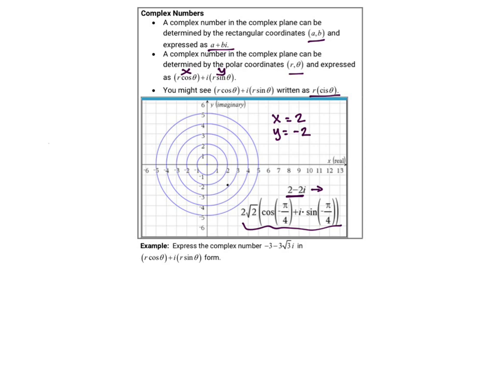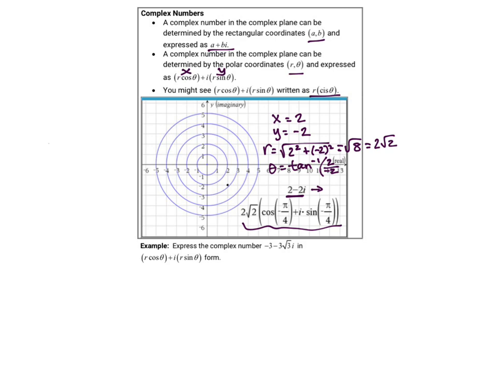So r is found by taking the square root of 2 squared plus negative 2 squared. This is 4 plus 4, so square root of 8. Square root of 8 we could call 2 square roots of 2. And then theta is going to be tangent inverse of 2 over negative 2.